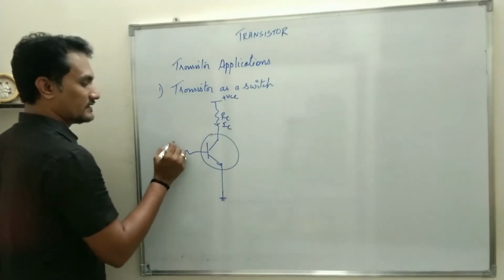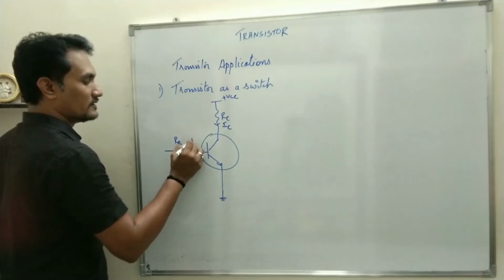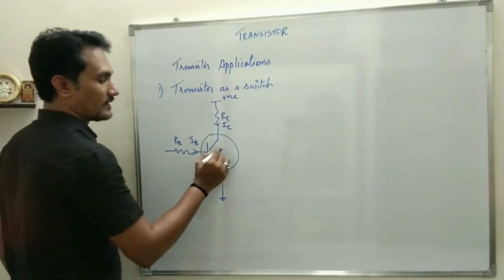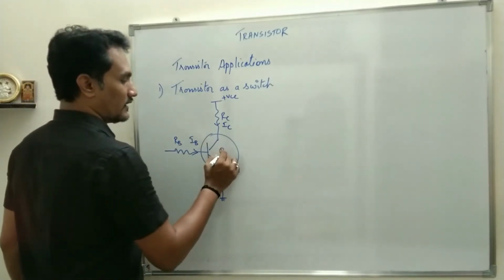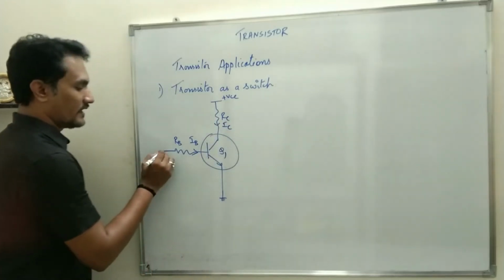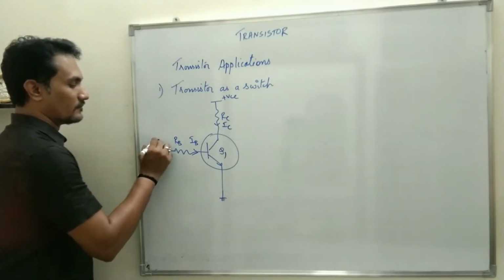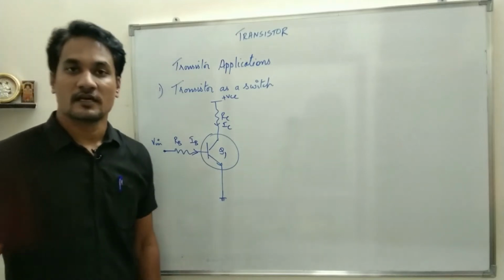This is IC, this is base resistance, this is base current IB, this is your transistor Q1, suppose. Okay, and this is your Vin.